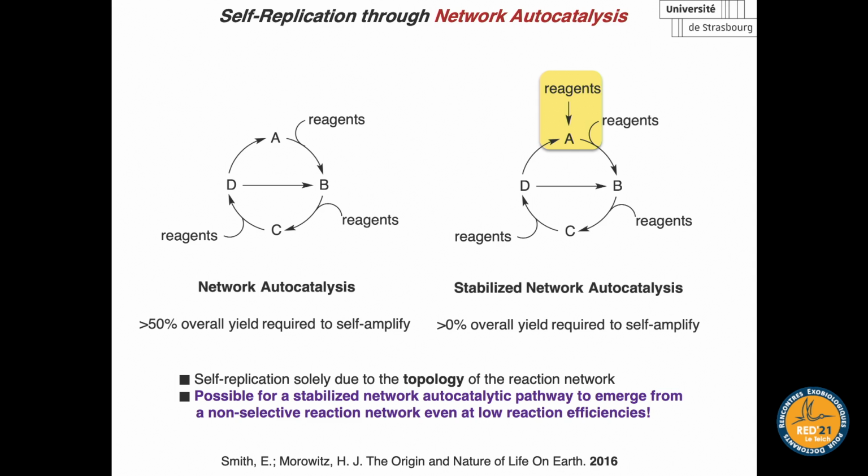So you get twice as many, 4 times as many, 8 times as many, 16 times as many, and so on and so on. How it works is that on the left-hand side, you have this circular shape, which also has an autocatalytic loop. And after every turn, of course, the molecules double. So this is called network autocatalysis.